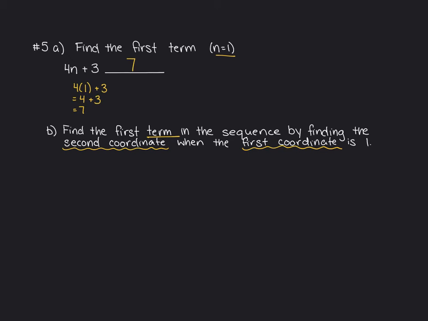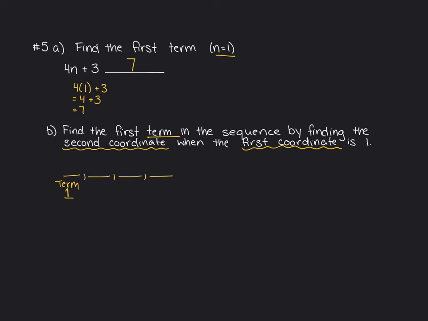Now, this can lead to a lot of confusion because sometimes we confuse the terms term and first and second coordinate. So when they're talking about a term in a sequence, they're literally saying if you had a sequence of numbers, the first number is term 1. So if you were to write a sequence from the graph, what would the first term be?